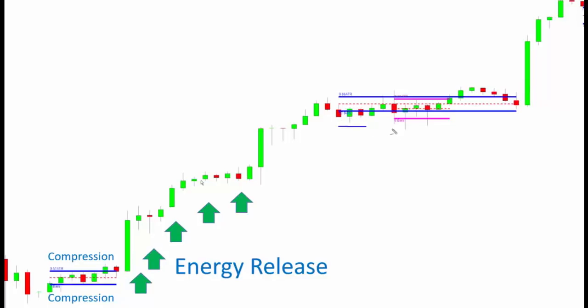The second example here on the right-hand side of my chart is a longer compression, 17 bars, stretching over an entire 24-hour period, essentially. Then we finally get our breakout to the upside, and that's really what you're looking for. You'll also see a magenta compression plot, and that's a power compression or an extreme compression.